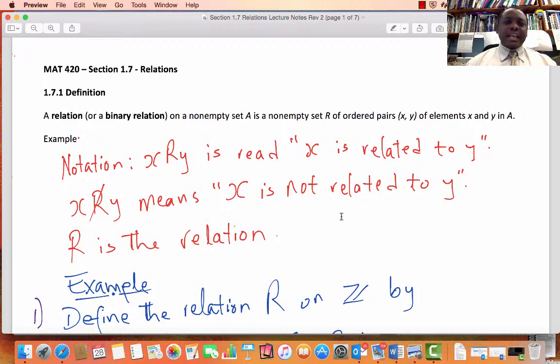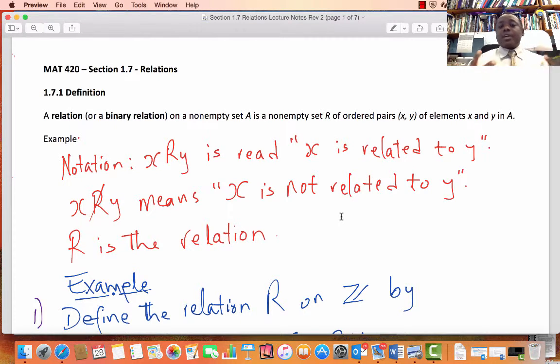In this section, we are dealing with relations. I'm going to define the concept of relations and then deal with what is known as equivalence relations and equivalence classes. Before I give you a rigorous definition of relations, let me just say that in our study of mathematics, we deal with many examples of relations between elements of various sets.